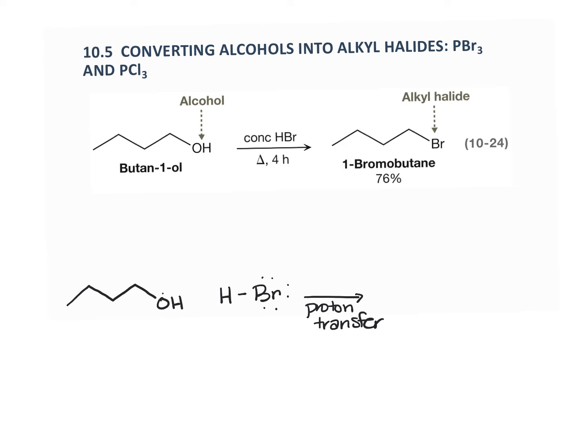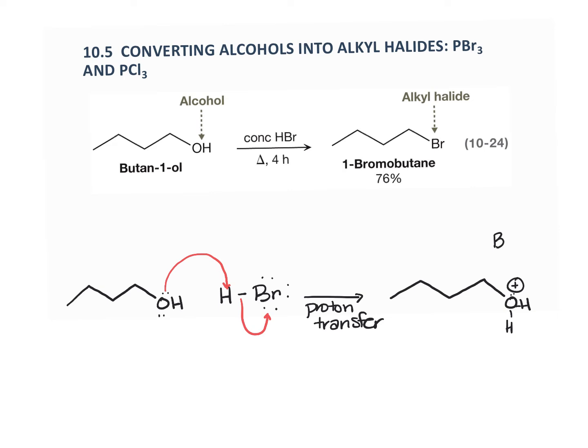What happens here is these electrons come and grab that proton, and those electrons go back on the bromine. When this happens, we have our protonated alcohol, and that forms water, and we know that water is a super good leaving group.